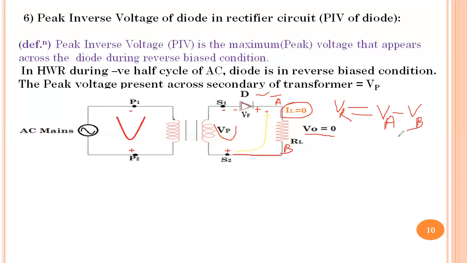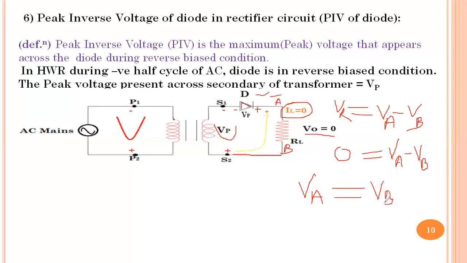We find the voltage is 0 because current is 0. So 0 equals VA minus VB. Therefore, if you solve this, you'll get the voltage at point A and voltage at point B both equal. What it means? If the current is 0 through a resistor, then the potential present at its two terminals will be equal in value.